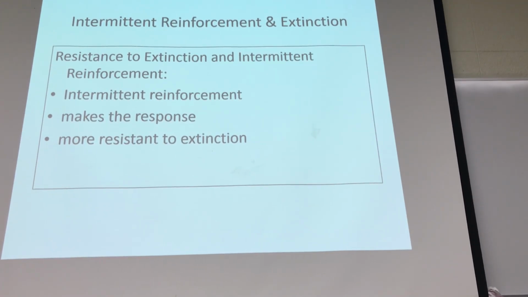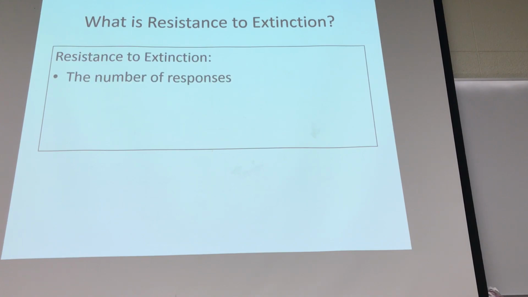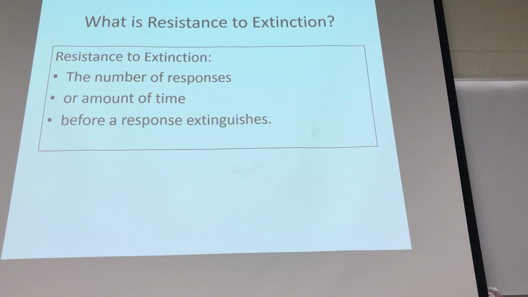Just like the FR and the VR, they were more resistant to extinction compared to a continuous schedule of reinforcement. Quick review. This is the number of responses or the amount of time before the behavior extinguishes. This is resistance. Number of responses or amount of time before the behavior extinguishes.